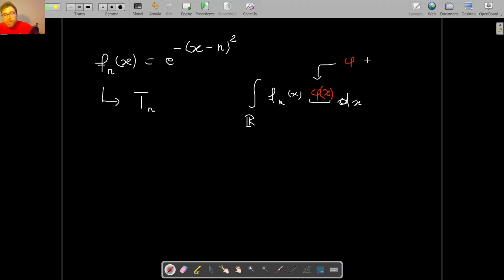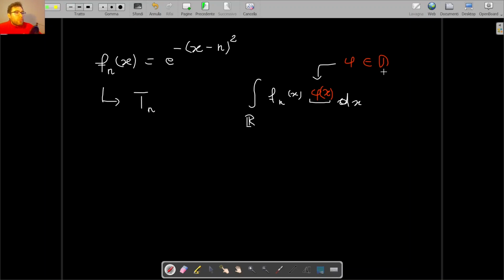So phi in general belongs to the space of test functions D, and this is what a linear functional is: an operator which takes functions as input and gives back real numbers. Obviously, since we are in distribution theory, the functions are not chosen randomly, but we choose them from the space of test functions.